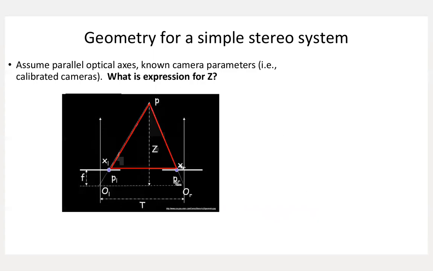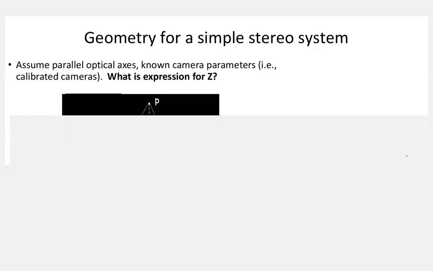Then using simple geometry, simple trigonometry, these two triangles are similar to one another. Therefore we have T over Z equal to (T minus XL plus XR) over (Z minus F), something like this.